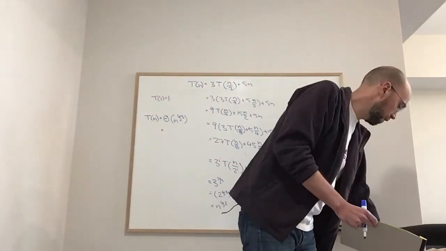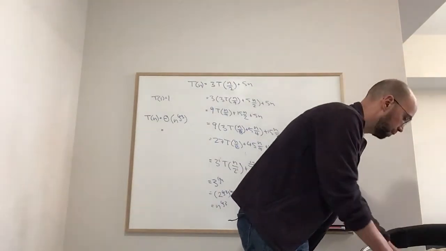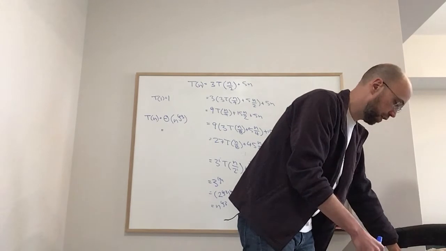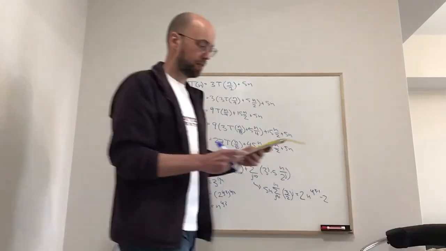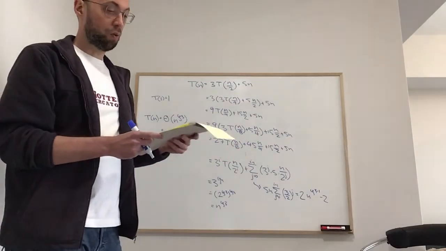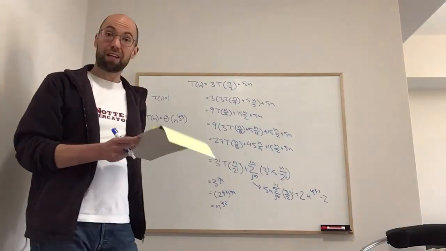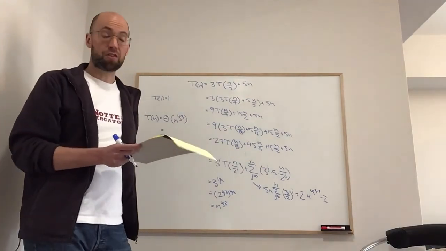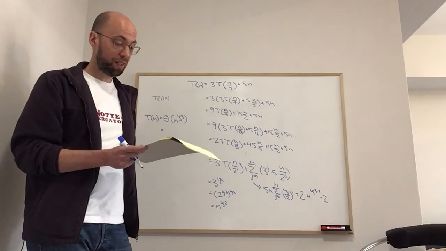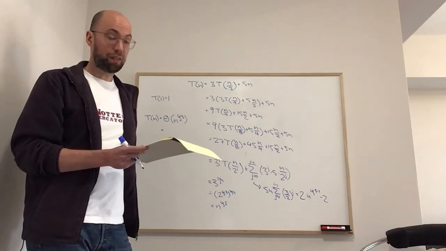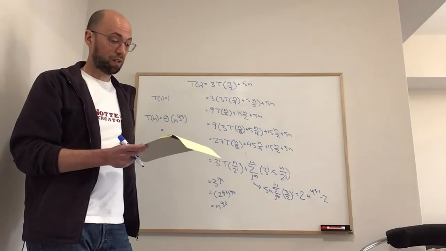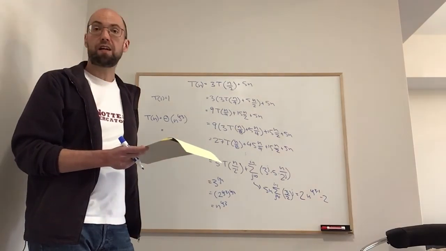In 1971, Schönhage and Strassen got order n log n log log n. And then last year, in March 2019, Harvey and van der Hoeven got O(n log n).